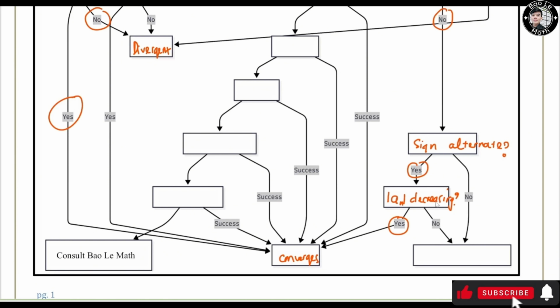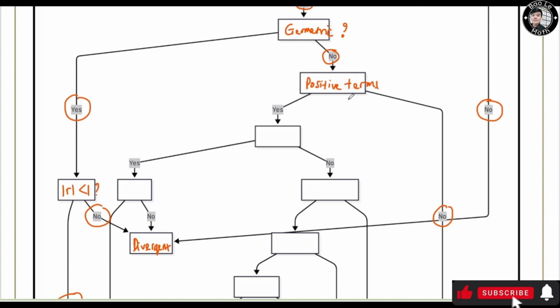If the series is not decreasing, then you're going to try absolute convergence. Now, after you check the sign and you don't see the sign alternating, then you're going to try absolute convergence. If there are positive terms, we're going to think about the p-series first.